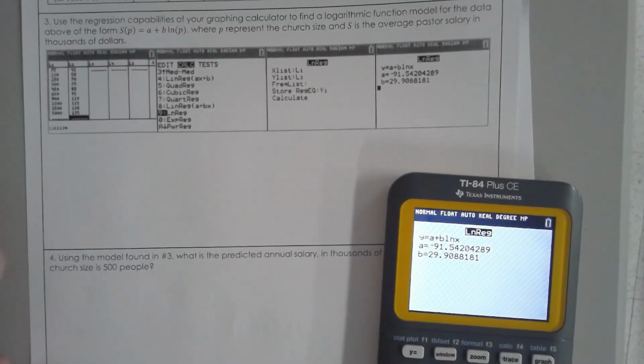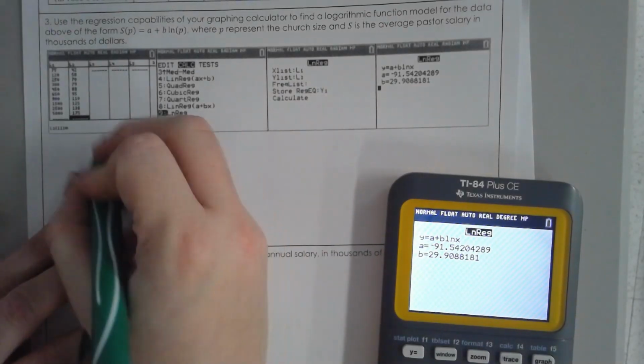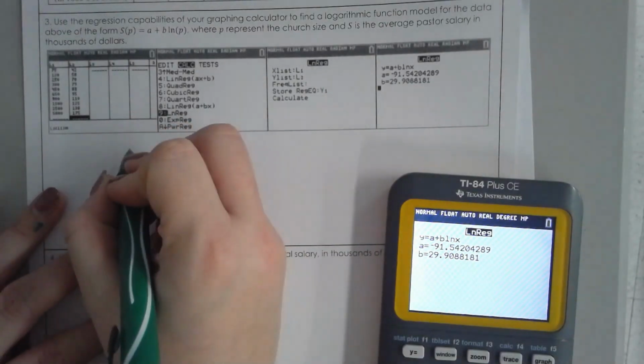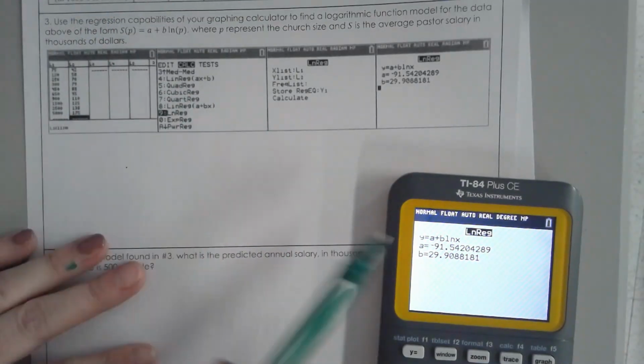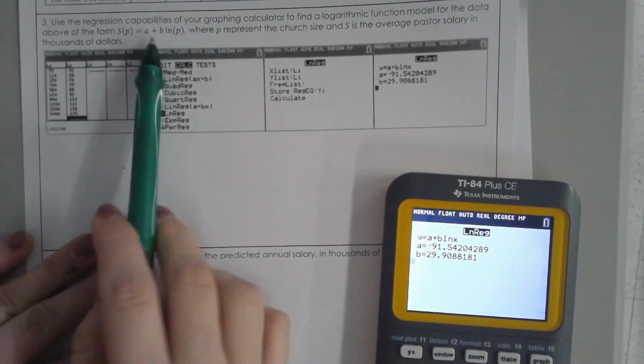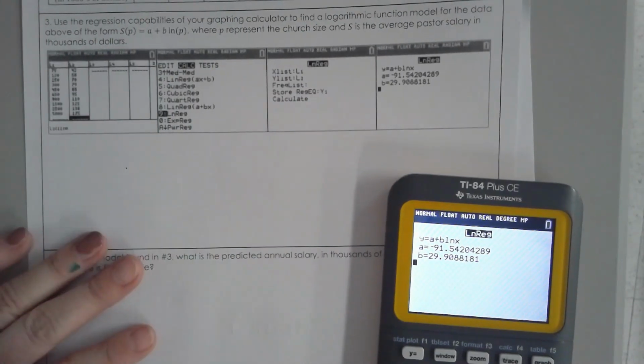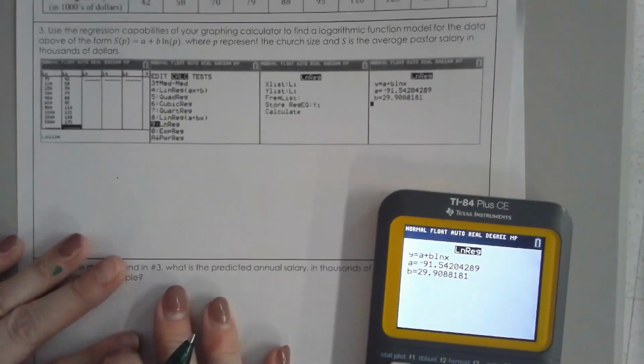So this is asking for the equation. I don't know if you put y equals instead of s of p equals. I can't tell you if that would be right or wrong.